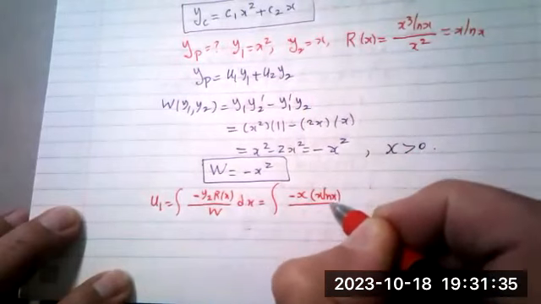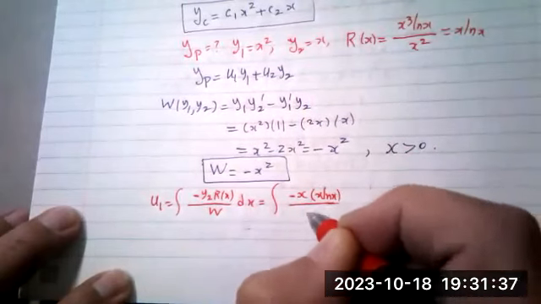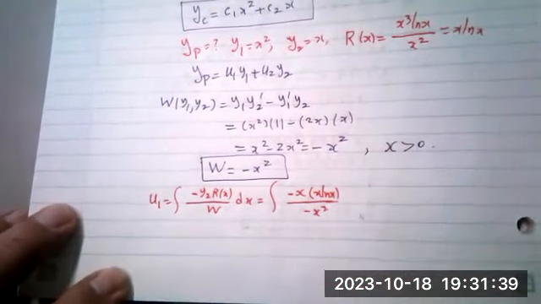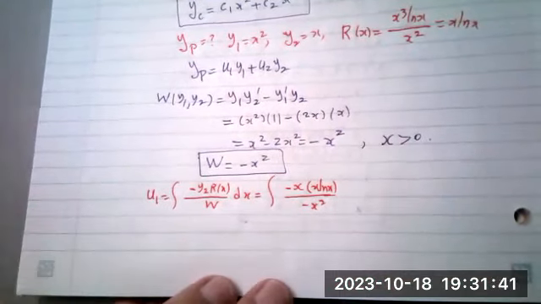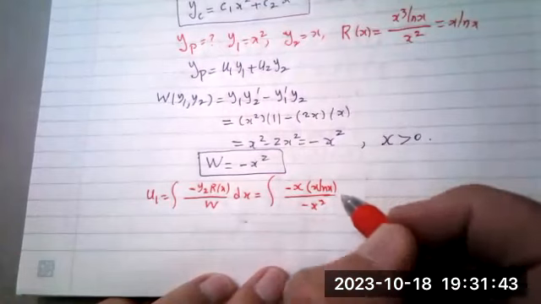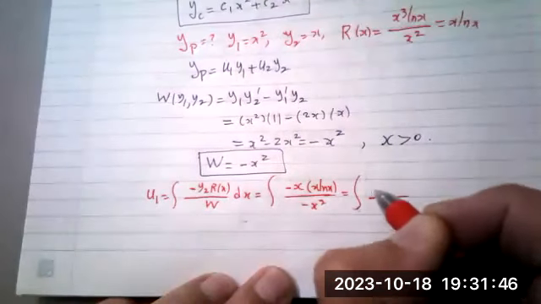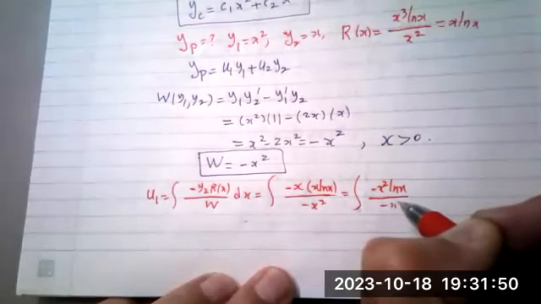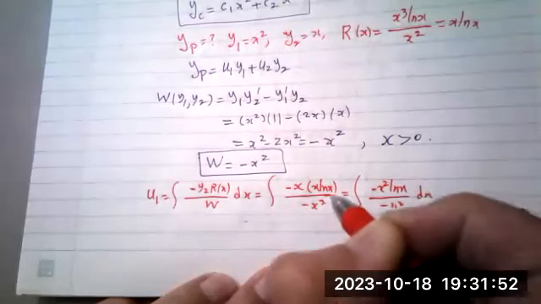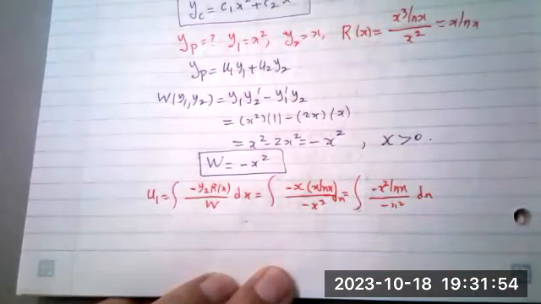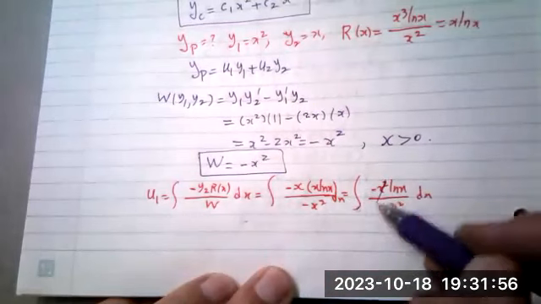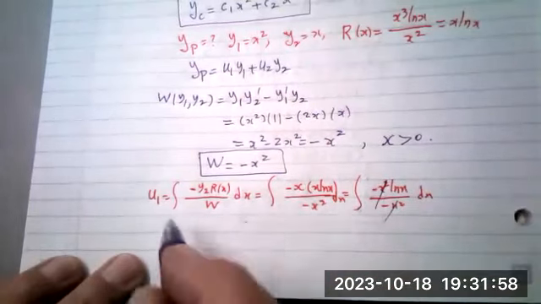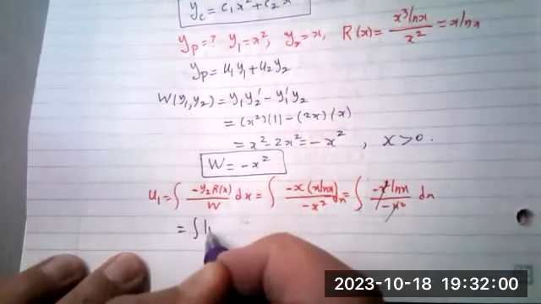Wronskian is negative x squared. You simplify it. The top would be negative x squared ln x divided by negative x squared dx. I missed the dx here too. Negative x squared and x squared cancel out. You end up with the integral of ln x dx.